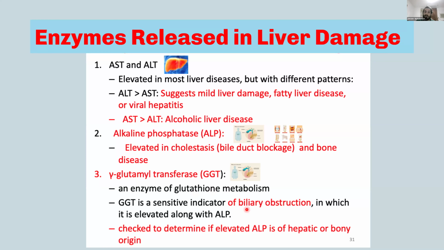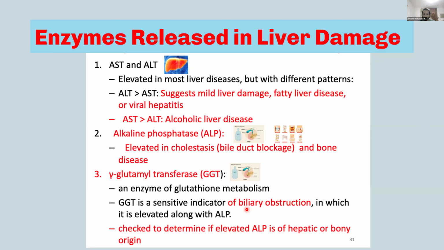So usually, if a patient has jaundice, whatever signs of cholestasis, you want to know the cause. You can't just order one. Usually you can order GGT.